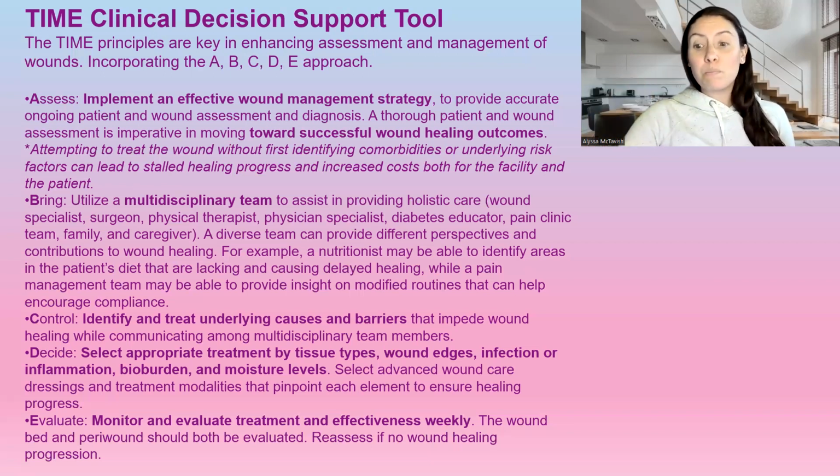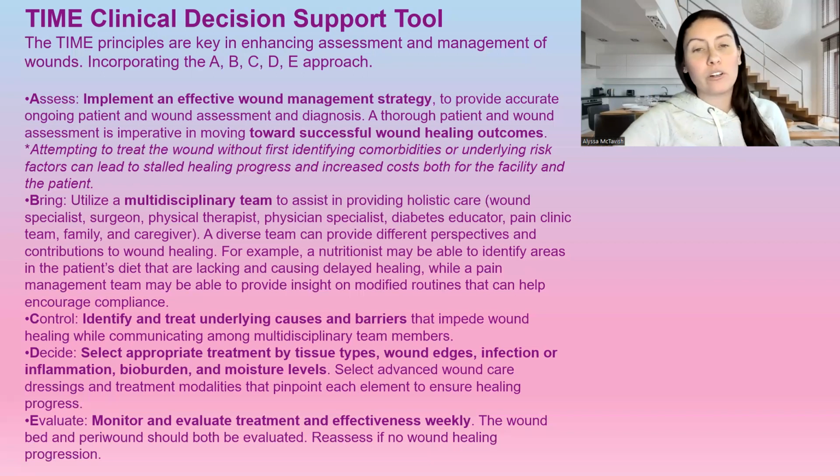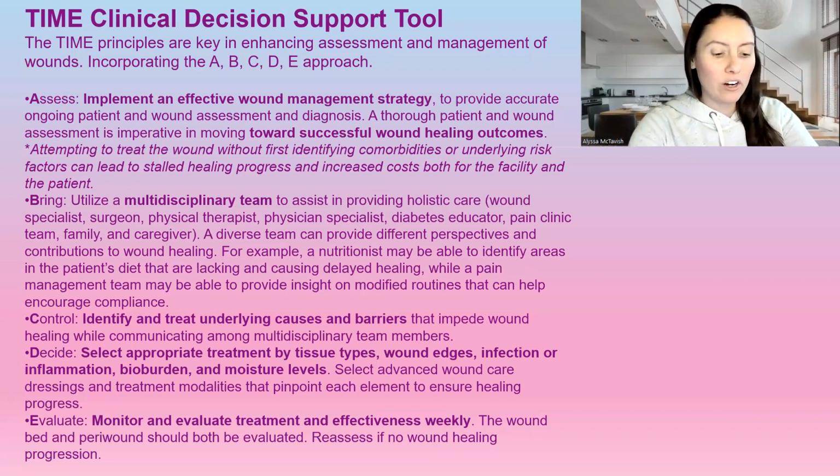Okay, now this is based on tissue type, wound edges, infection, inflammation, bioburden, moisture level. Okay, we need to bring that all into factor, and then evaluate. So once a week you're looking at this wound, seeing and evaluating the treatment method that we're using. Is it working? Okay, so these are all things that we need to use to identify healing barriers and how to overcome them. So these are the tools that we are using.